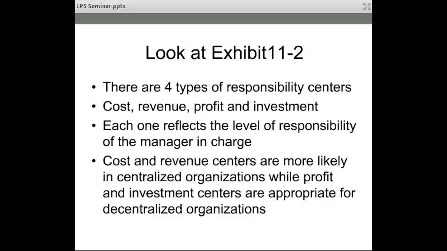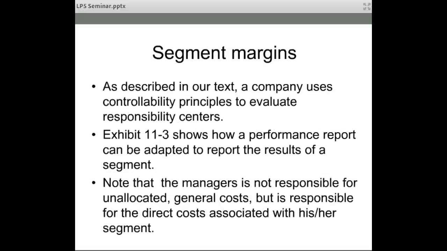Look at Exhibit 11.2. There are 4 types of responsibility centers: cost, revenue, profit, and investment centers. Each one reflects the level of responsibility of the manager in charge. Cost and revenue centers are more likely in centralized organizations, while profit and investment centers are appropriate for decentralized organizations.